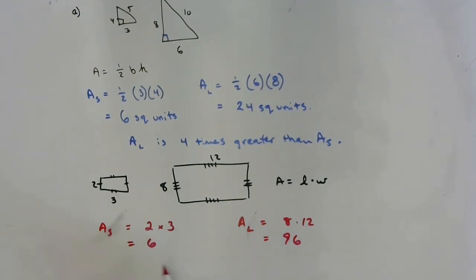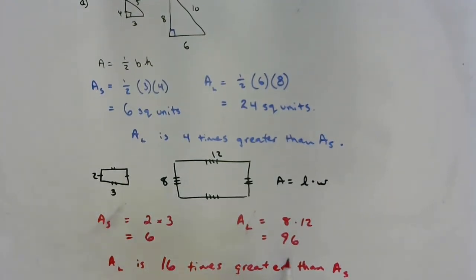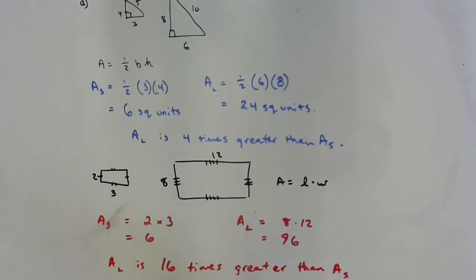Okay, now let's try to figure out the relationship between A_S and A_L. You should probably have your calculator out unless you're good with mental math. It's 16. Okay, 6 times 16 is 96.